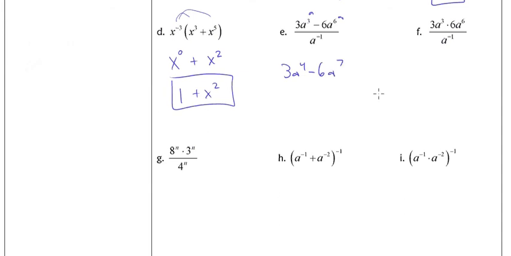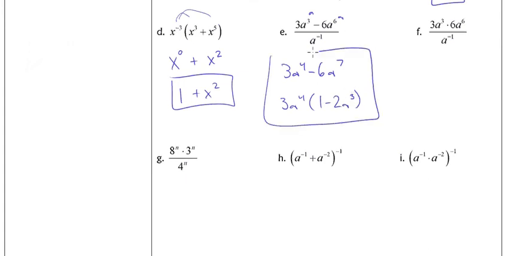Or you could factor out your 3a to the 4th and have 3a to the 4th times 1 minus 2a cubed. Either answer there works great for our purposes right now. So again, the negative 1 means that it moves up top, and we're really distributing that a to both terms.